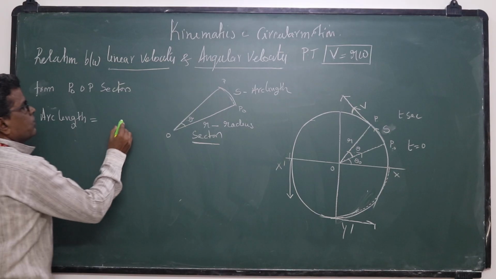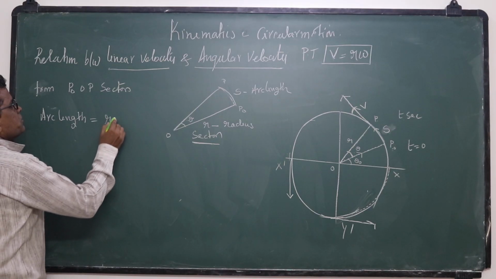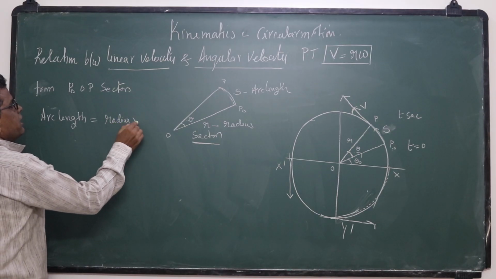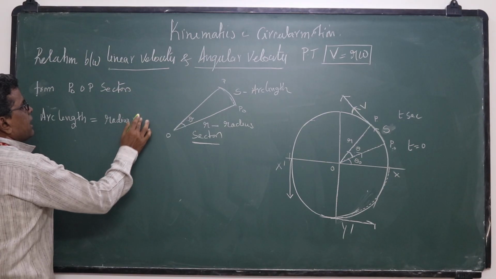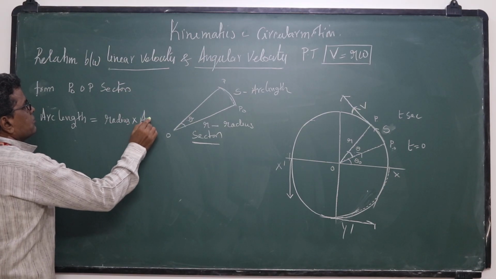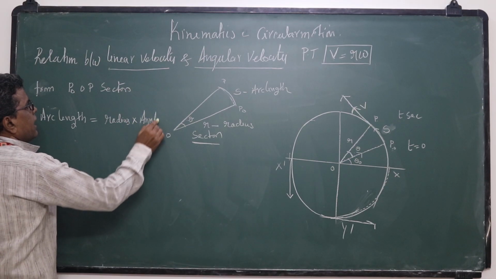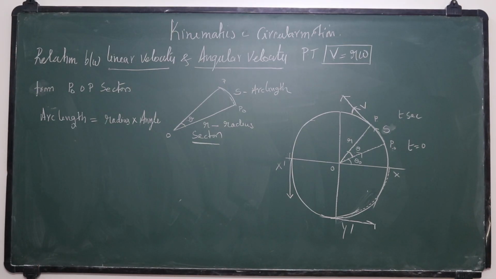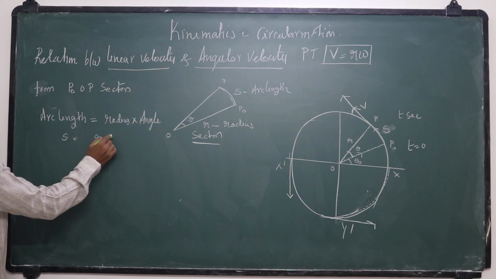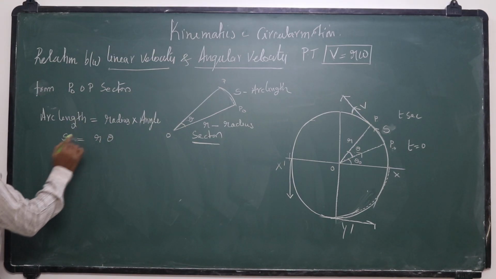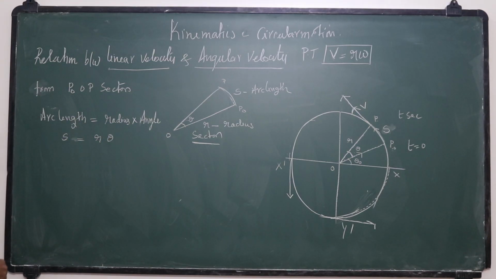Arc length is equal to radius into sector angle. So this relation we know: S is equal to R theta.